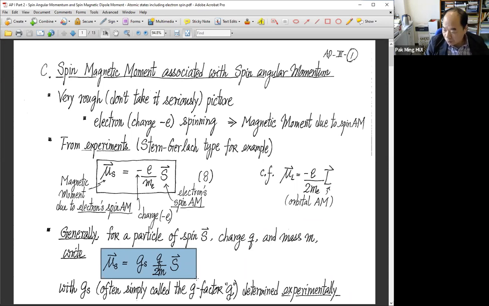At this point, you see one new thing. There is a g factor, called the g factor of spin, g subscript S. This is in complete analogy with the orbital expression that we discussed a while ago.